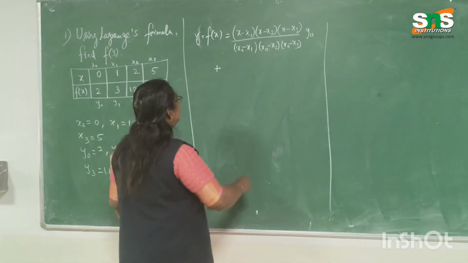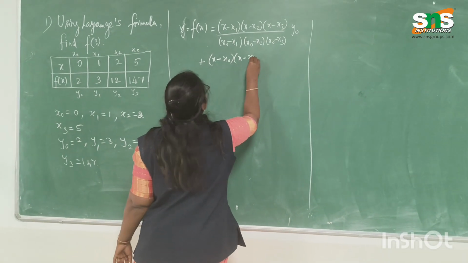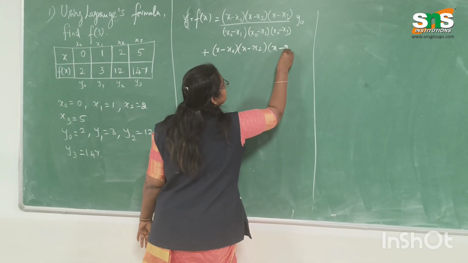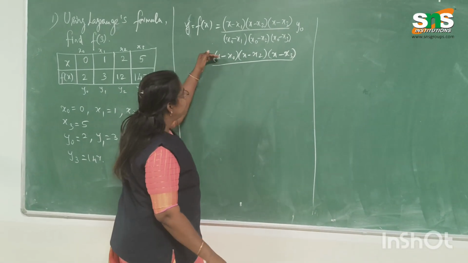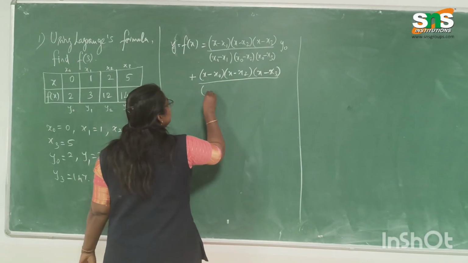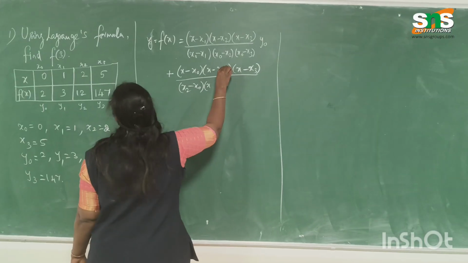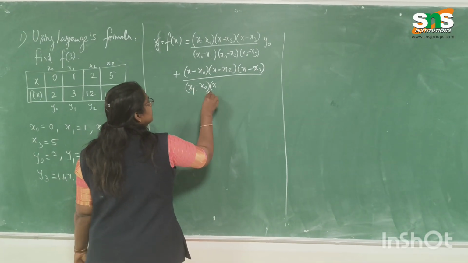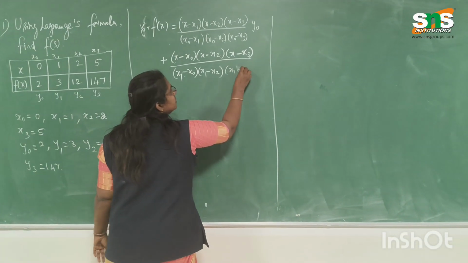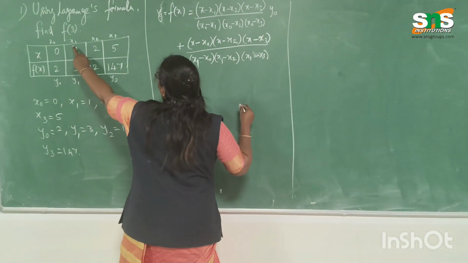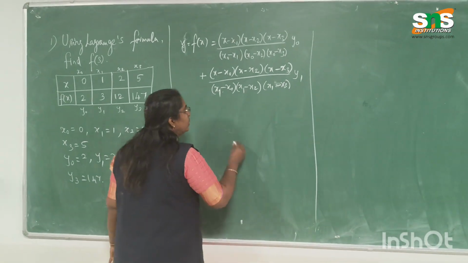Write (x minus x0)(x minus x2)(x minus x3), divided by (x1 minus x0)(x1 minus x2)(x1 minus x3). The corresponding value for x1 is y1, so multiply by y1, plus.